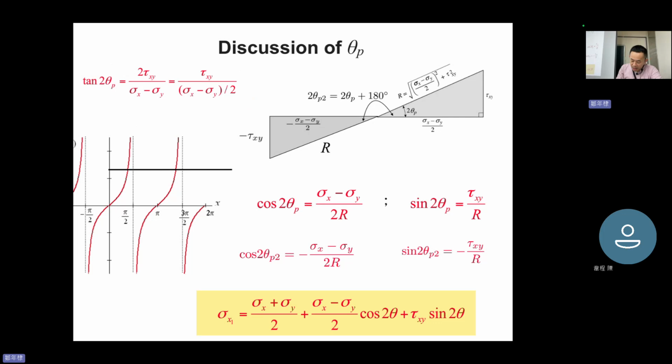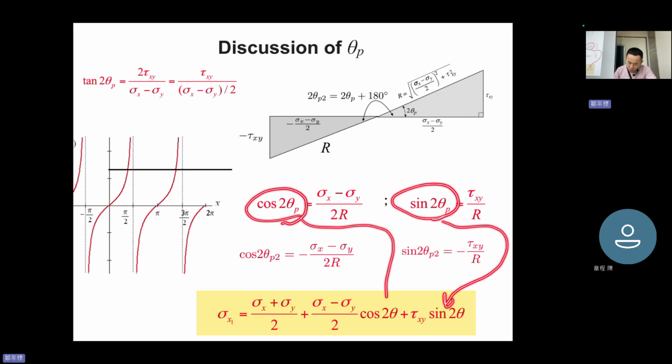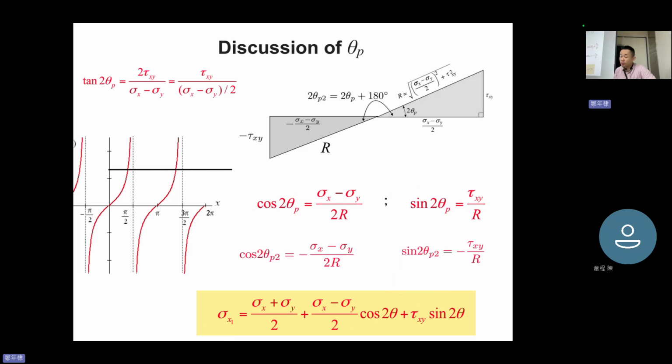Now, we want to get cosine 2 theta p and sine 2 theta p to substitute into this cosine 2 theta, sine 2 theta, and obtain the sigma x1 maxima or minima, right? So we know tangent 2 theta p. Can we get cosine 2 theta p or sine 2 theta p?